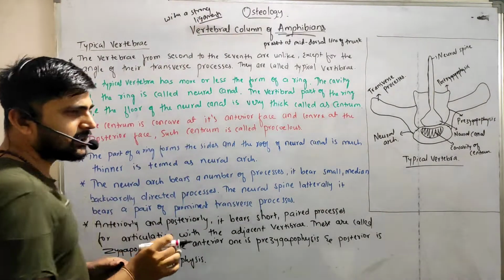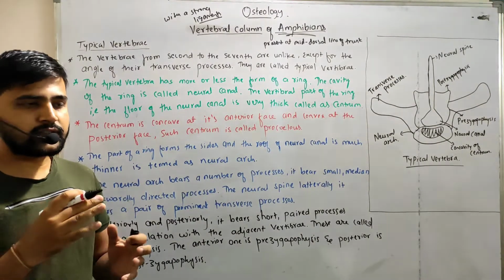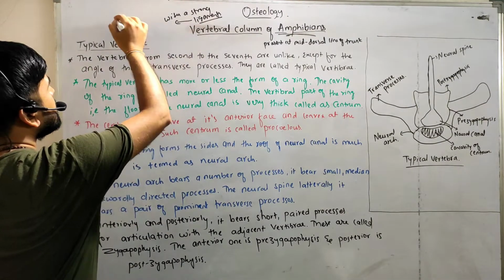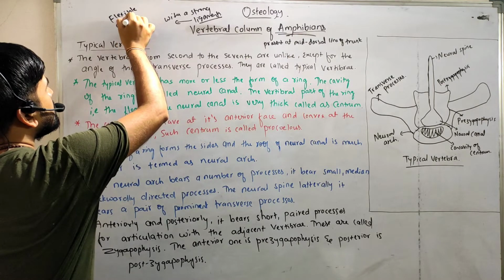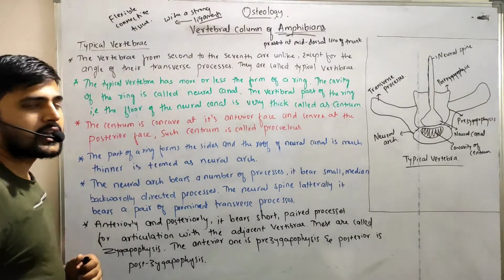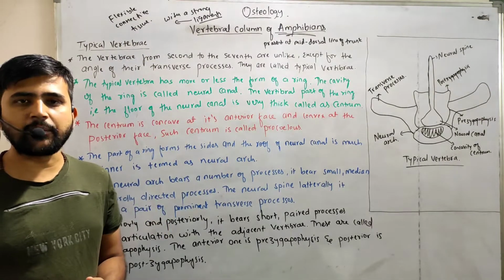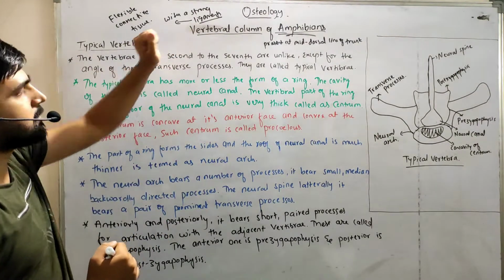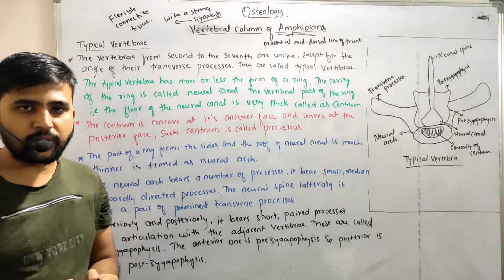Ligaments are small, flexible connective tissues which help in the attachment of the bones. With the help of ligaments the bones can get attached. So ligaments help in the attachment of the bones, right?